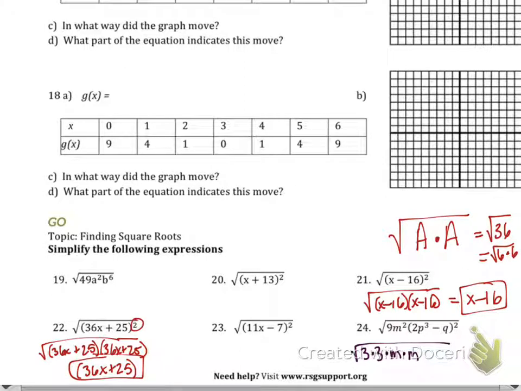And 2p cubed minus q all squared can be broken down into 2p cubed minus q times 2p cubed minus q. And now we need to look for pairs. So we can take one of the 3's, one of the m's, and one of the 2p cubed minus q's, which would give me 3m times 2p cubed minus q.